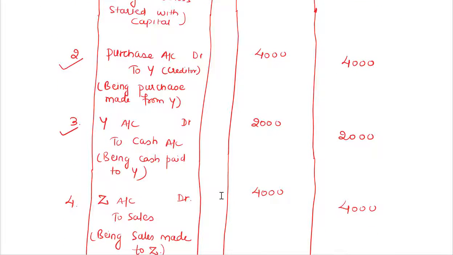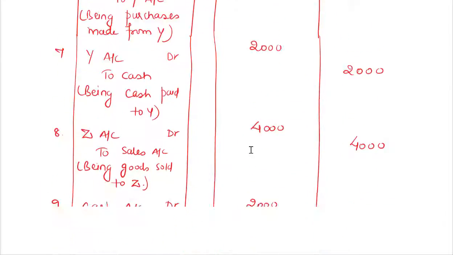Let's see the third entry now. Being cash paid to Y. So Y's account will be debited and cash will be credited. So in Y account, we will write to cash on the debit side with the amount 2000, and in cash account we will write by Y with the amount 2000. Y and cash.